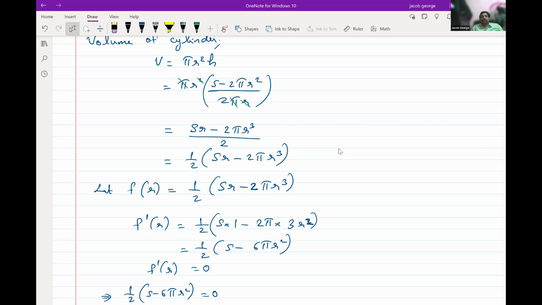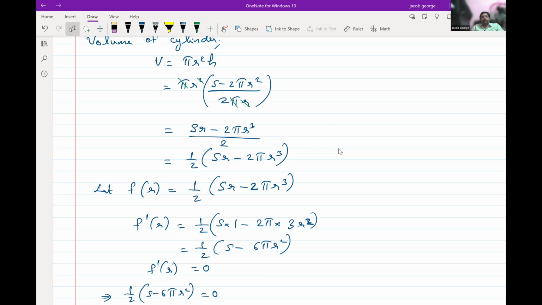That is half into s minus 6 pi r square. This is our f dash r, and equate it to 0.